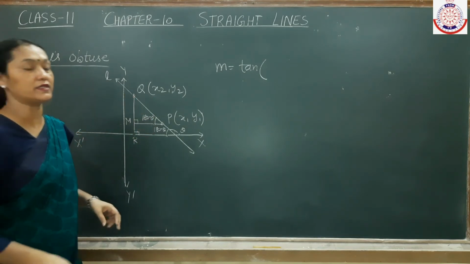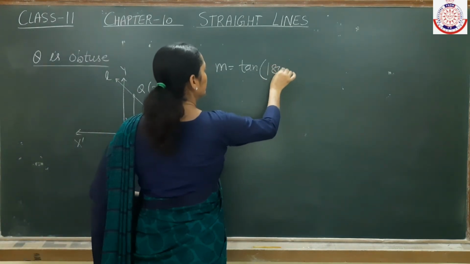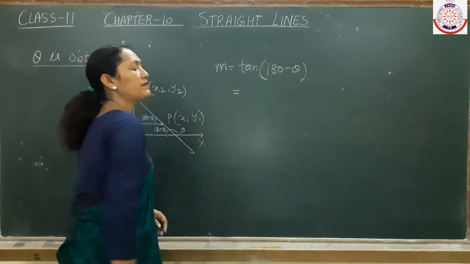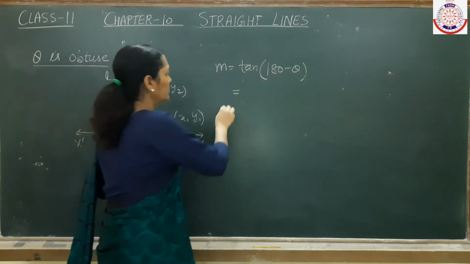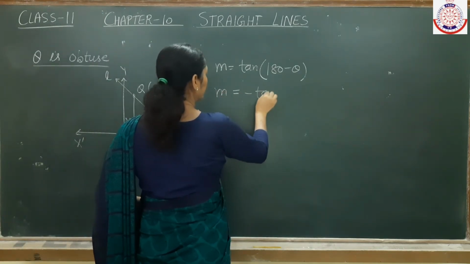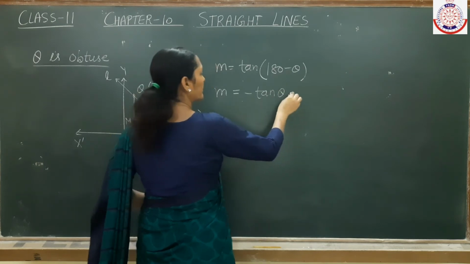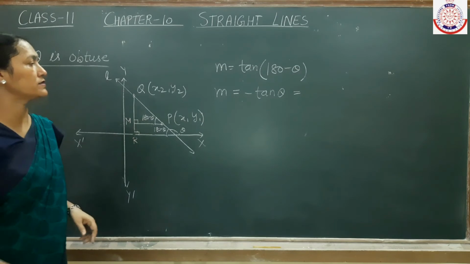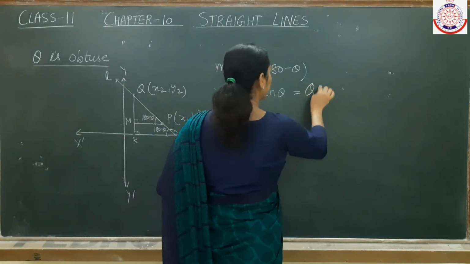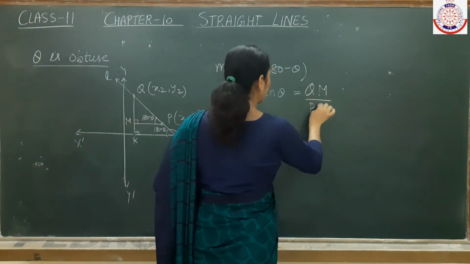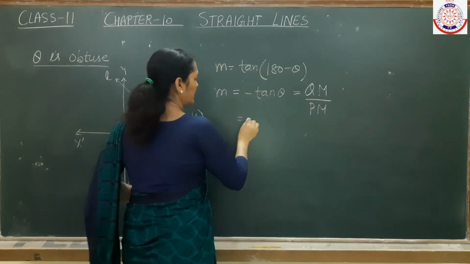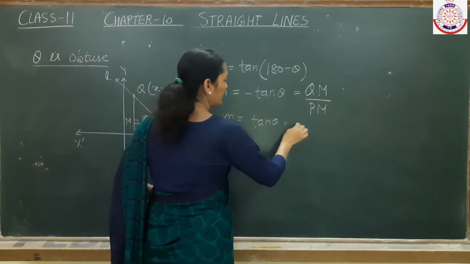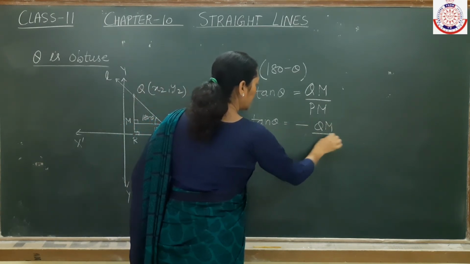Tan 180 minus theta means minus tan theta. Perpendicular over base, that is QM upon PM, so it will be minus QM upon PM.